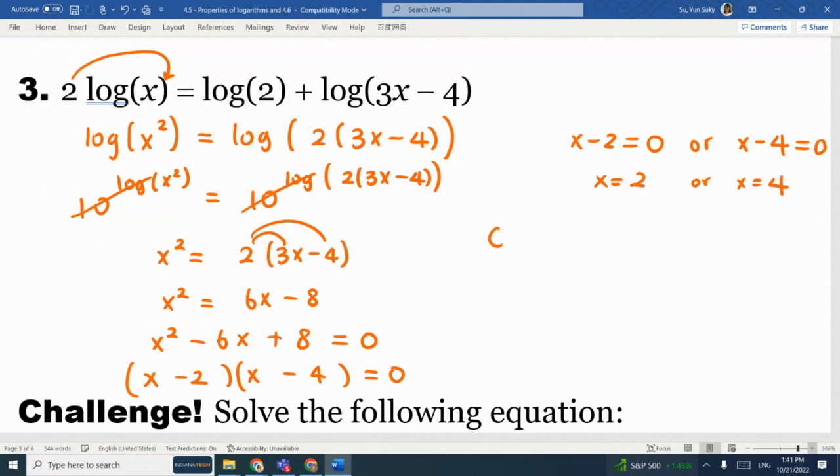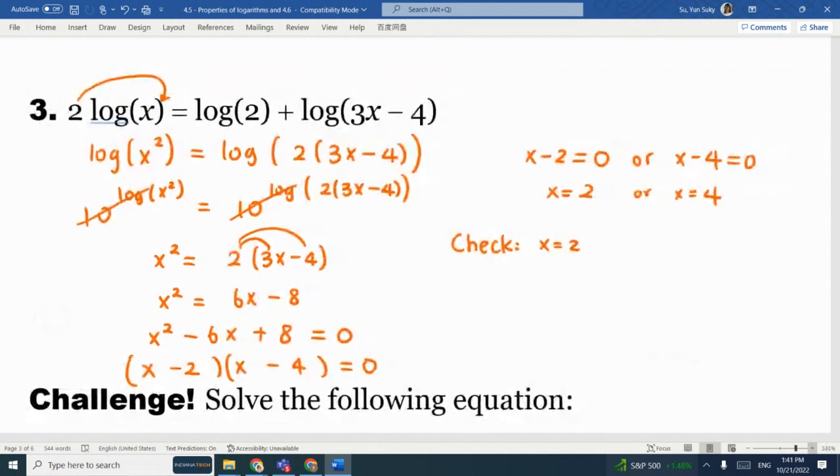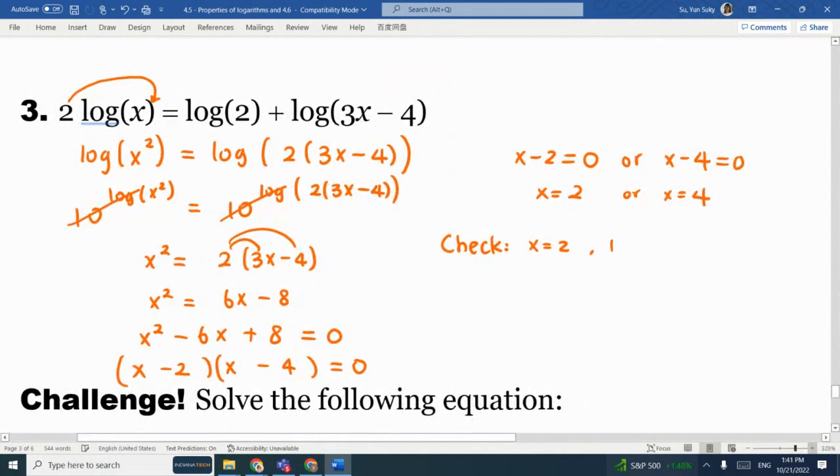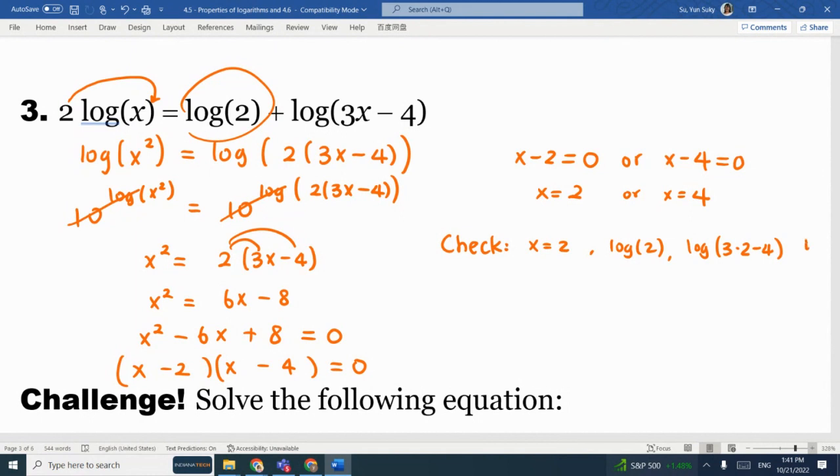Okay, let's check. If we plug in x is 2, look at all the logs. We have log x, x is 2. Is that okay? Yeah. And log 2 is always okay. It does not have x there, right? And log of 3 times 2 minus 4. Is this okay? Yes.